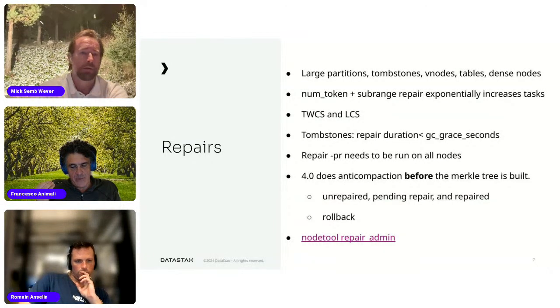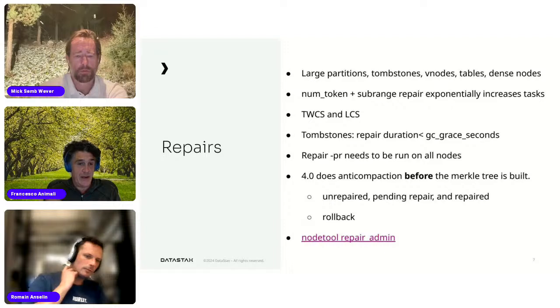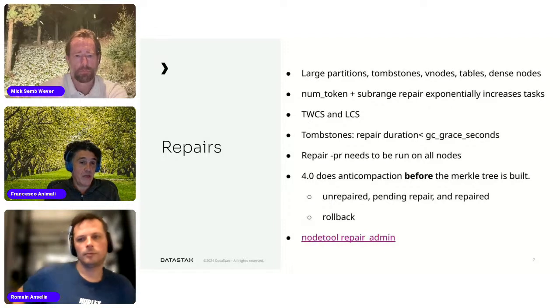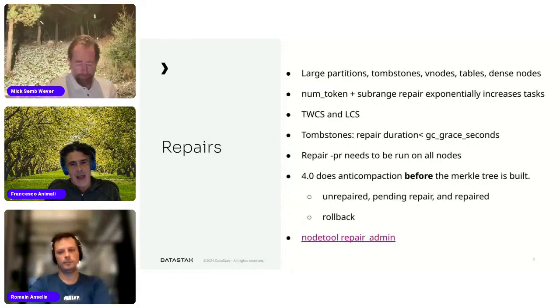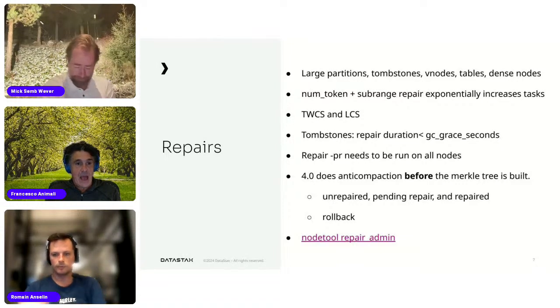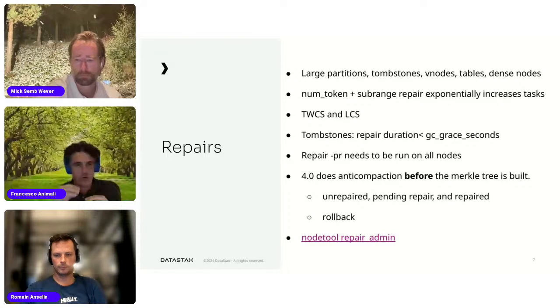Cassandra 4 has completely reworked the incremental repair and fixed a lot of those bugs, and changed the way and the time the Merkle tree is created.